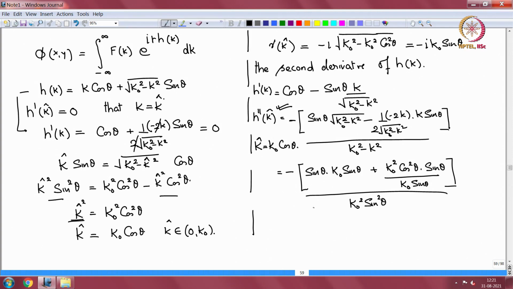So this gives me, I lose a k0 here, so I get minus k0 by k0 squared sine squared theta, which is equal to minus 1 by k0 sine squared theta.